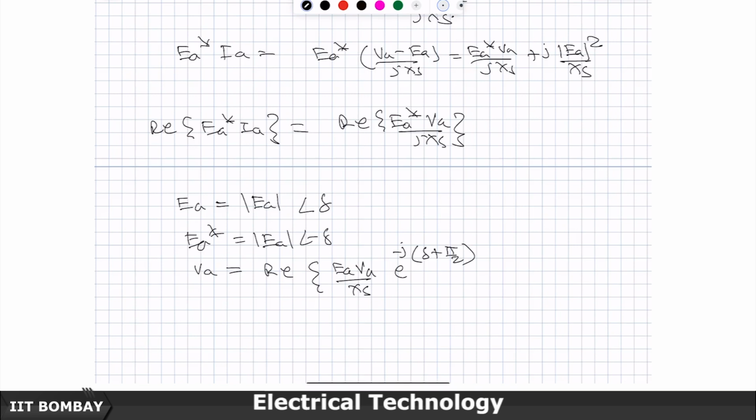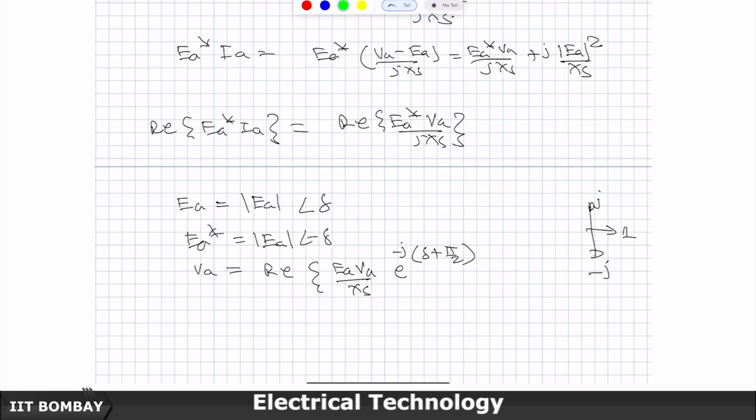This is 1, this is j, this is minus j, which is 1 by j: multiply numerator and denominator by j, j square is minus 1. So, it is minus j.